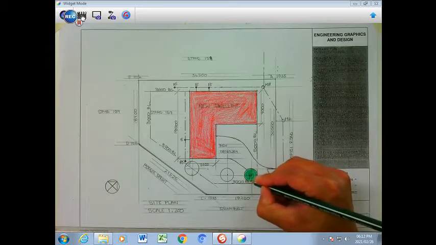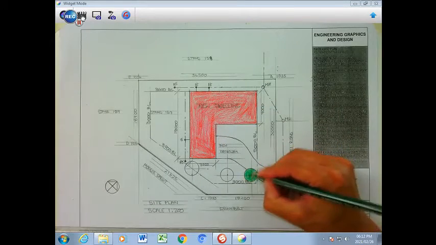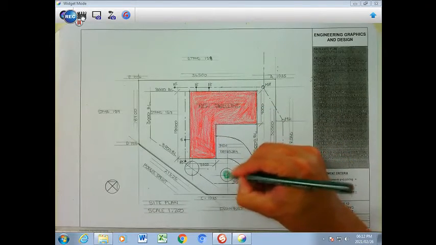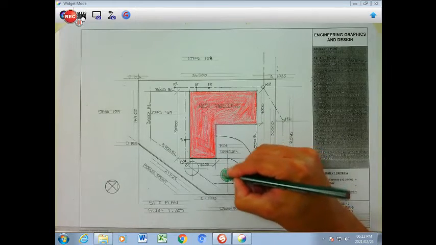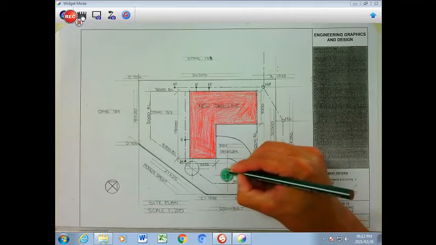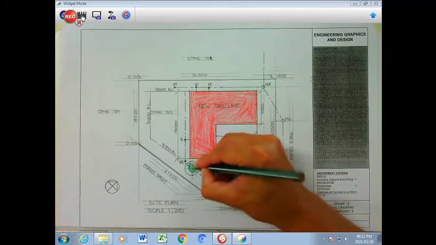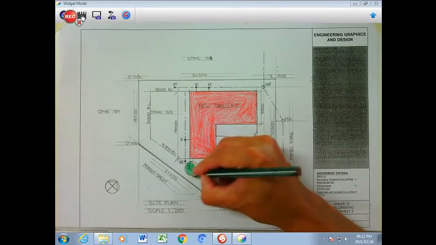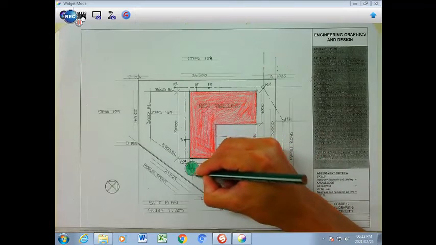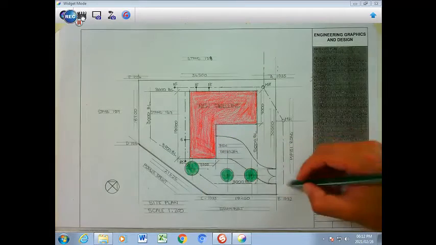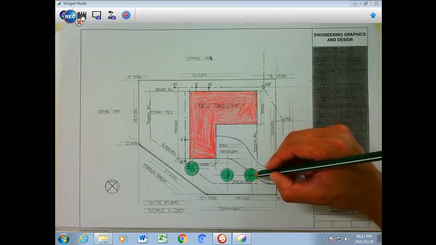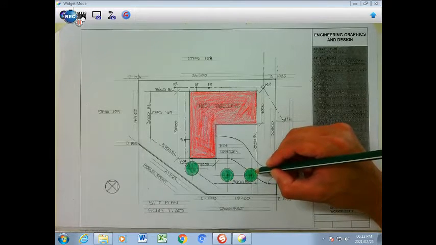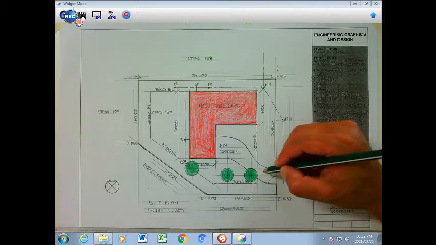So you can use that red there, and I'm going to use this green just to indicate my different trees that I have here, the 3 of them, and then the last one I will color in as well. Alright, so I just also want to point out that the driveway actually runs just slightly past the tree, and part of the tree hangs over into the driveway.